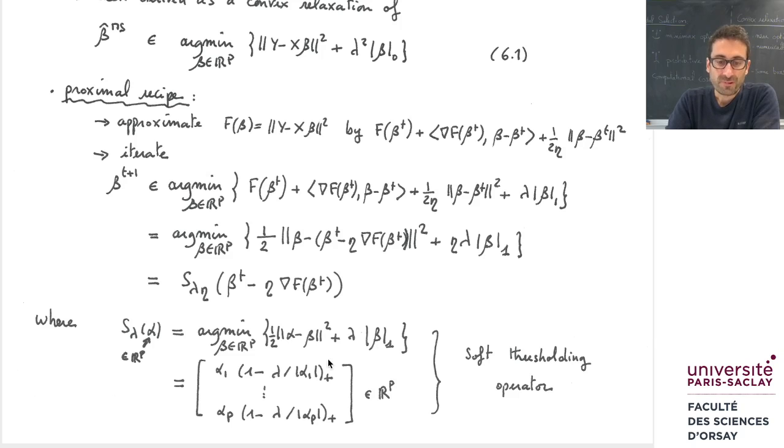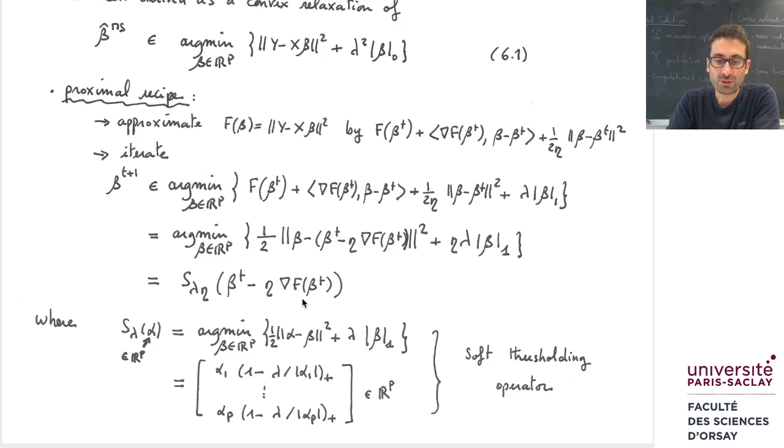So if we look at this minimization problem here, alpha will be this gradient step, this gradient update, right? And lambda will be eta times lambda.